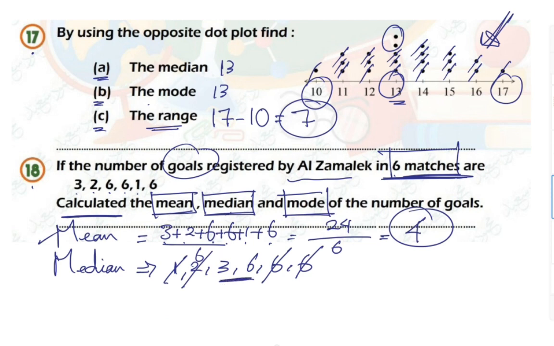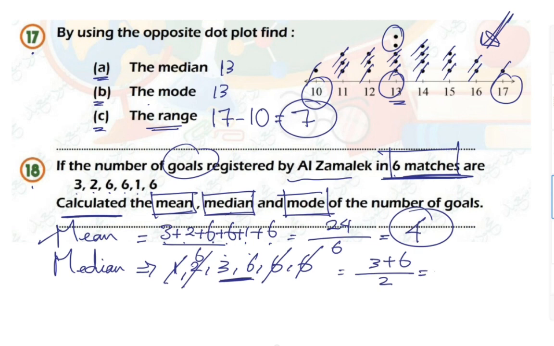So you have two values. If you delete this one with this one, there is nothing in between them. So to find the median, I will add these two values and divide by 2 to find the middle value.